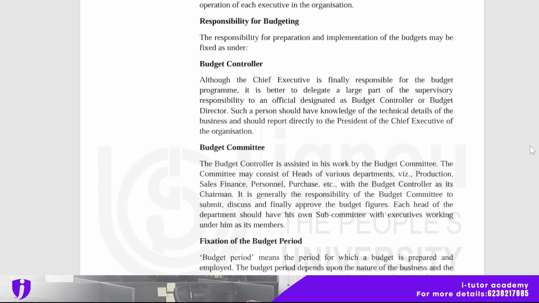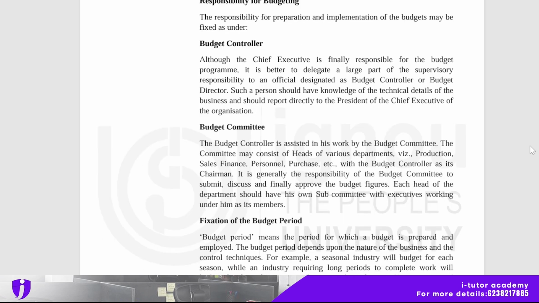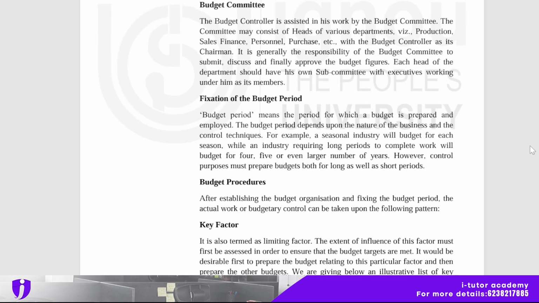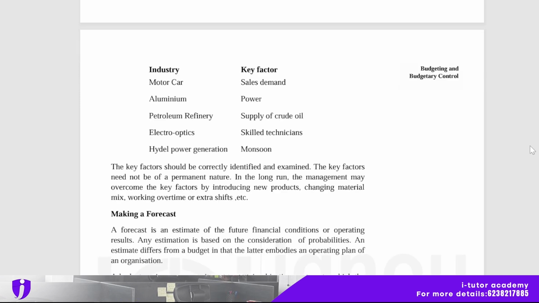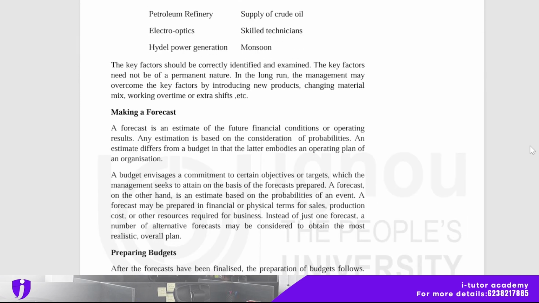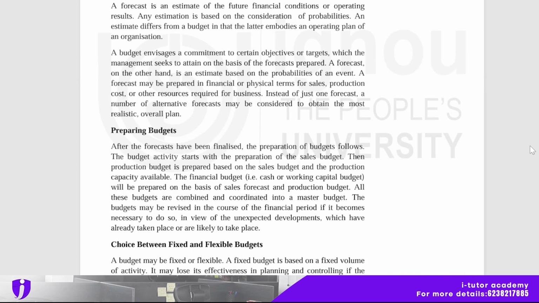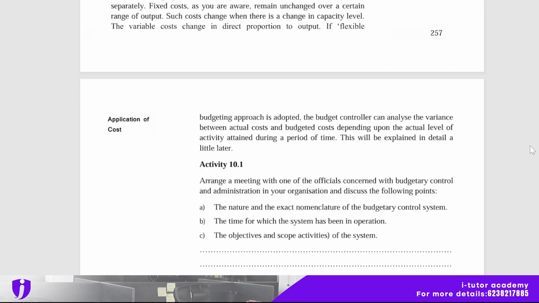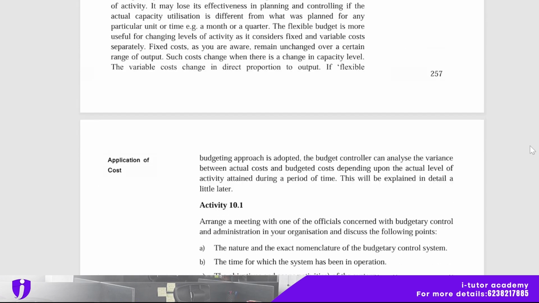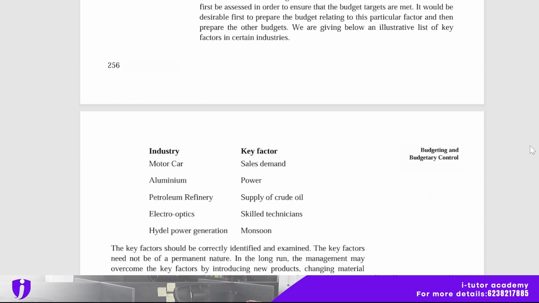And responsibilities for budgeting. The responsibility for preparation and implementation of the budget may be fixed as under: budget controller, budget committee, and fixation of the budget period. Budget procedures, key factors, and making a forecast are there. Preparing budget, and choice between fixed and flexible budgets are there. And these are the sections, and the activity is also based on that.